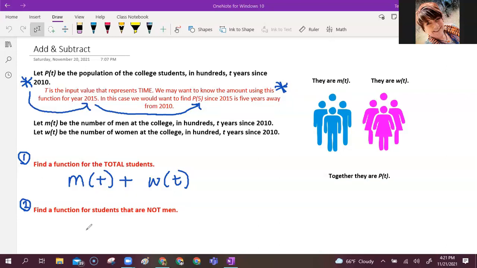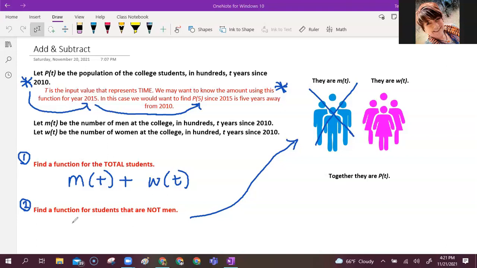Okay, number 2, find a function for the students that are not men. That are not men. I'm going to refer you over here to our picture. Remember, together as a whole, they're P at T. And the people that are not men are your women. And so we're going to have to take these men away from the total.